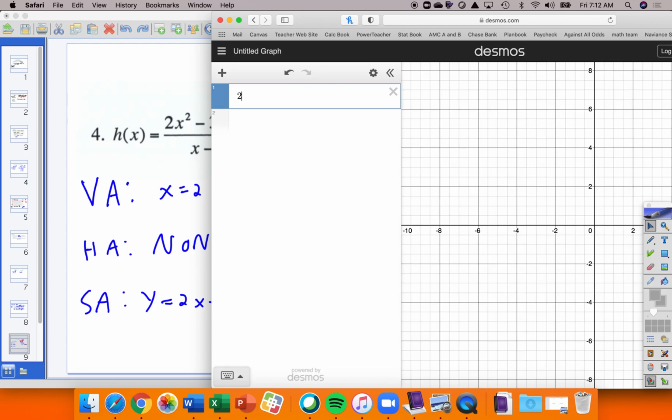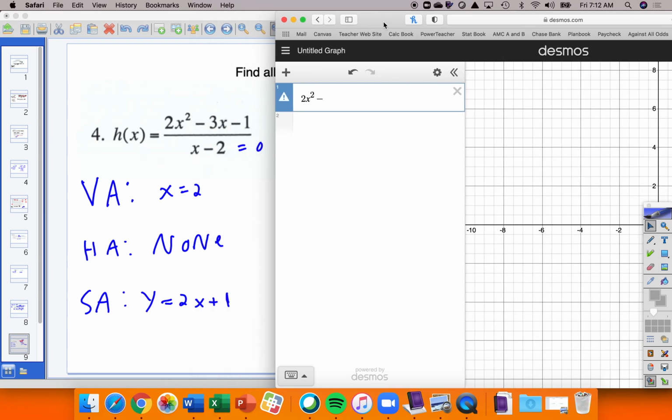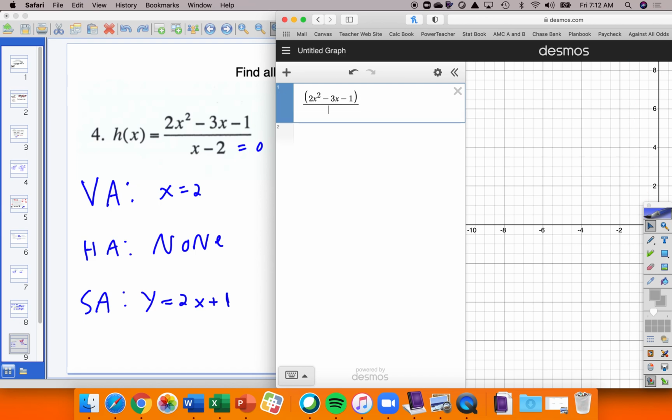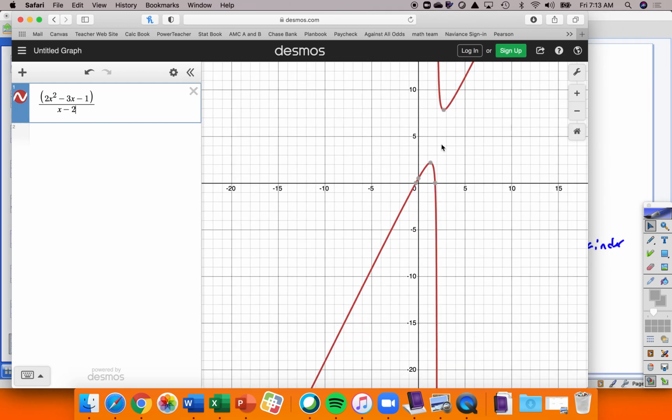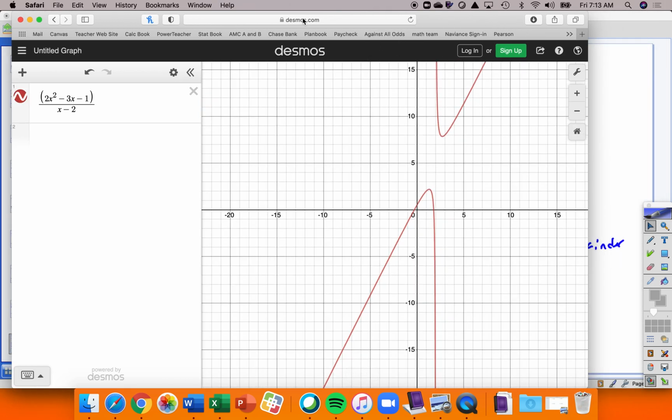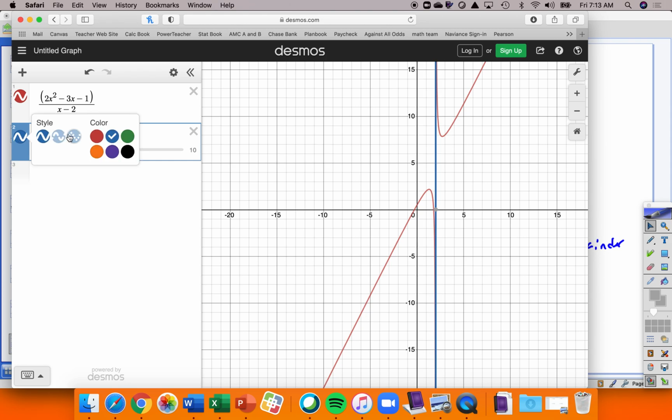It's 2x squared minus 3x minus 1 divided by x minus 2. So here's the function that you get. You'll see if you zoom out, it looks really funky. According to us, we should have a vertical asymptote at x equals 2. There it is. In fact, I can make this dotted if I wanted to.